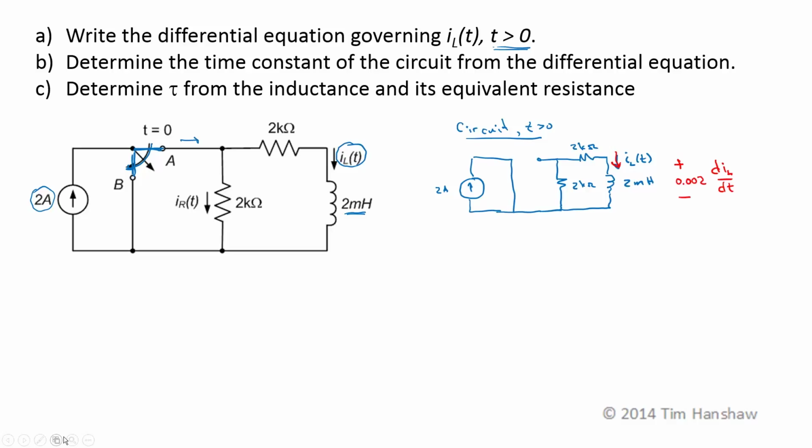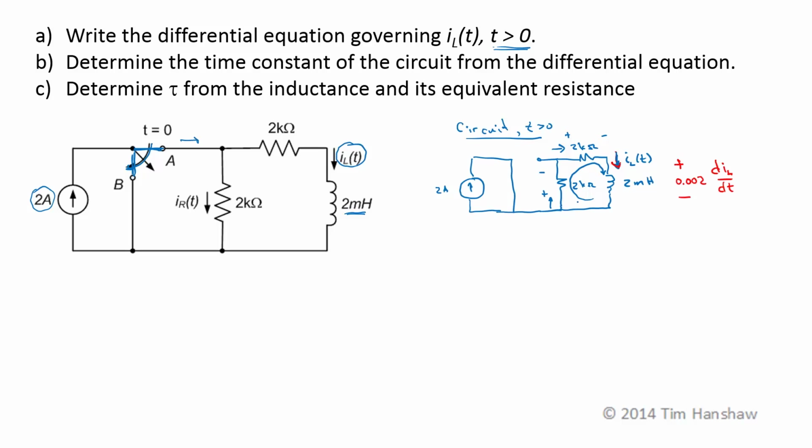Now all we have to do is write KVL, KCL, and Ohm's law. It looks like if I do KVL around this loop, I need the voltages across the inductors. If I sub L is in this direction, then that means if I use that for my current in the 2 kilo ohm resistors, those are in that direction, and my voltage polarities are going to be plus, minus, plus, minus.